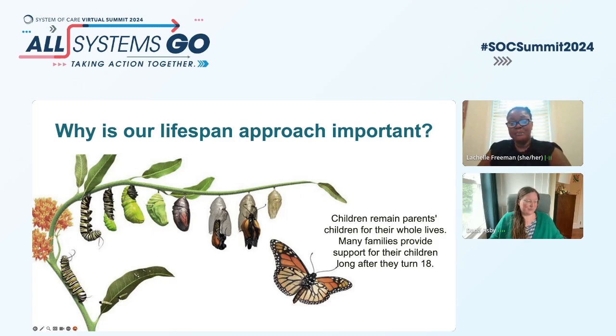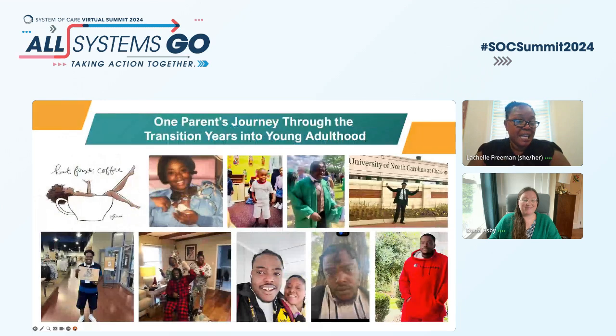Continuity of care. Absolutely. And then the last comment I'm going to read is to get a better understanding of the individual and help them continuously. And that's what it's about, because when you can provide continuity of care, that is great, because that person is learning skills along the way, but they also know they have a support system to fall back on. Thank you, guys. Okay, so next slide.